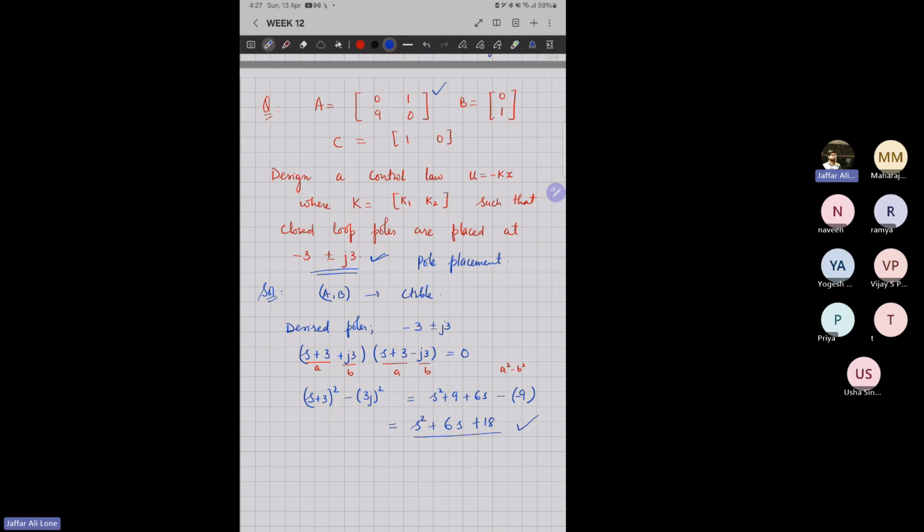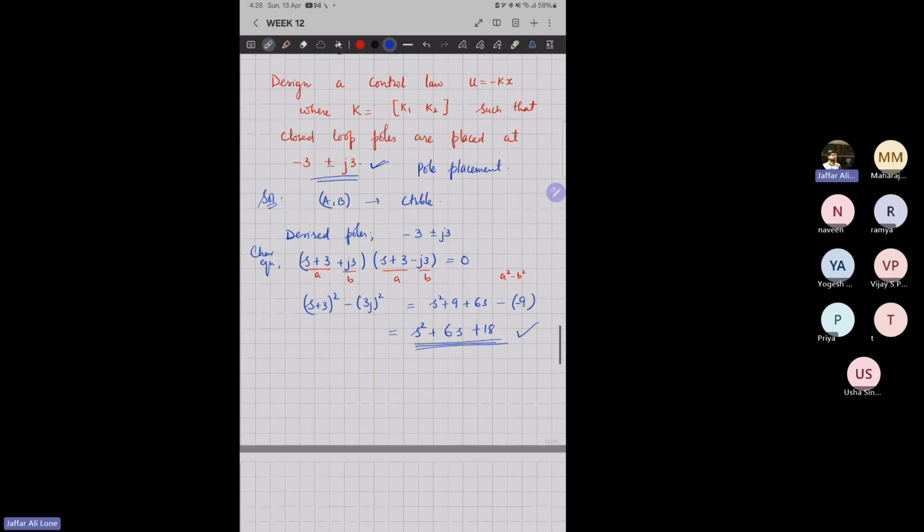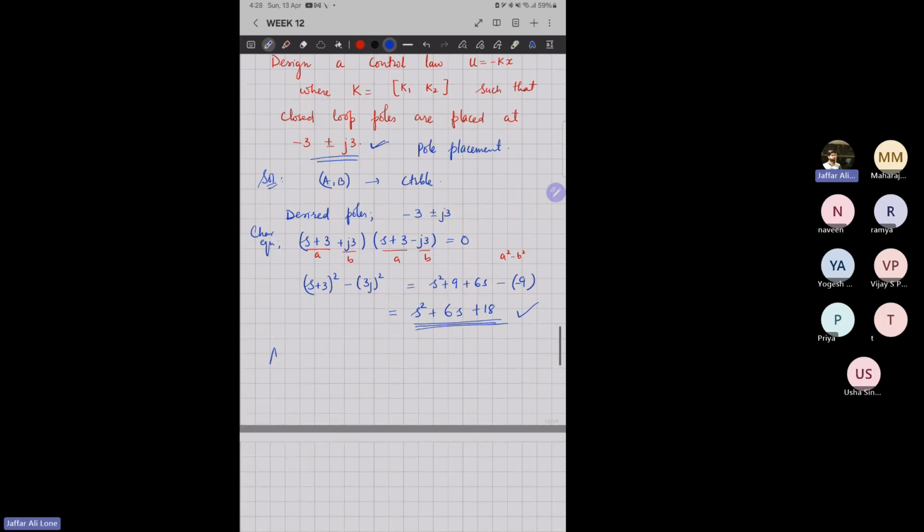So you just have to identify the desired poles, write them as a characteristic equation, and after that, just get this equation. So this is my desired characteristic equation. I should get this. Now, what do I have? Then after this, you just have to find ACL, which is equal to A minus BK, right?